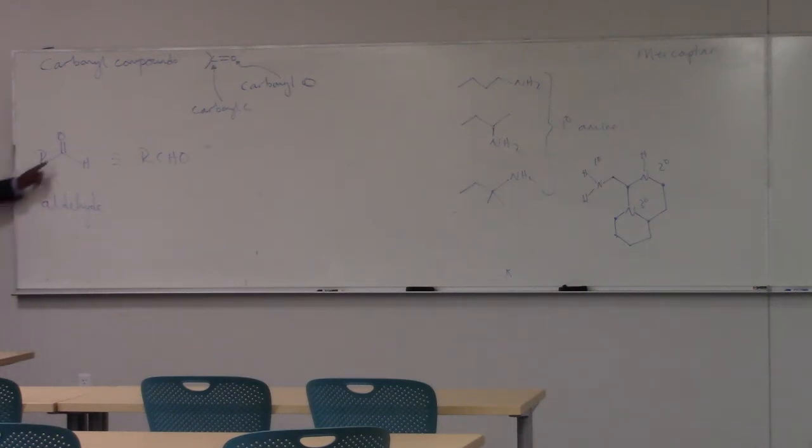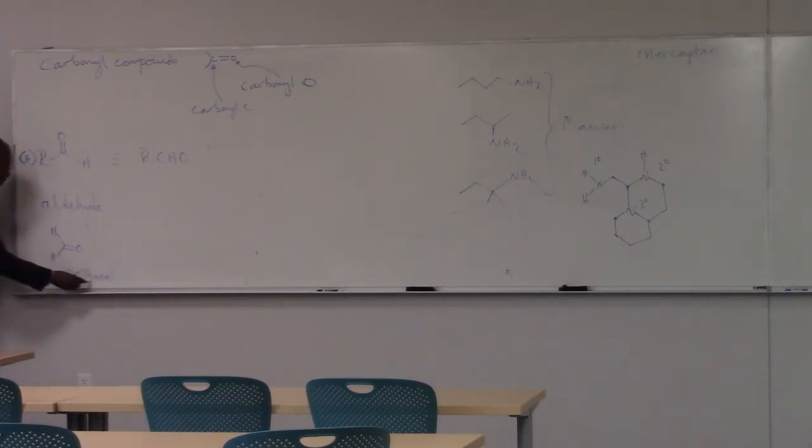So I must have the carbonyl carbon attached to at least one H. What's interesting is that this R can either be an alkyl group or it can be an H. So the simplest aldehyde is this one. This is referred to as methanal.